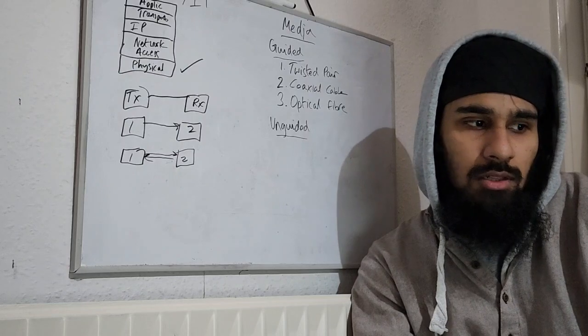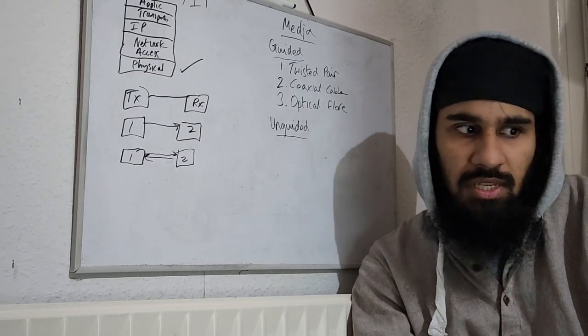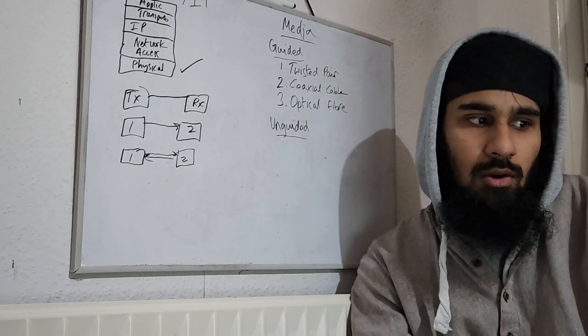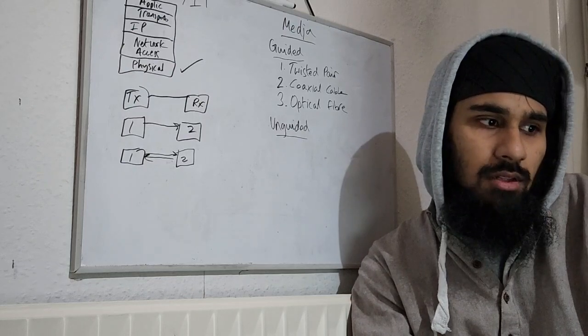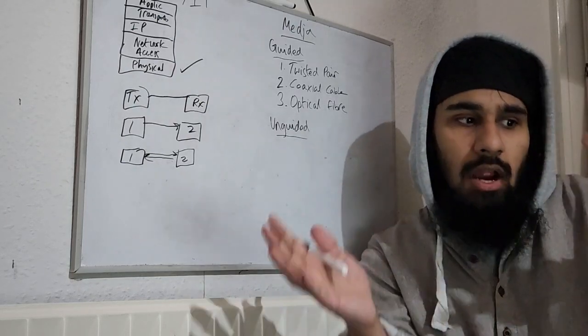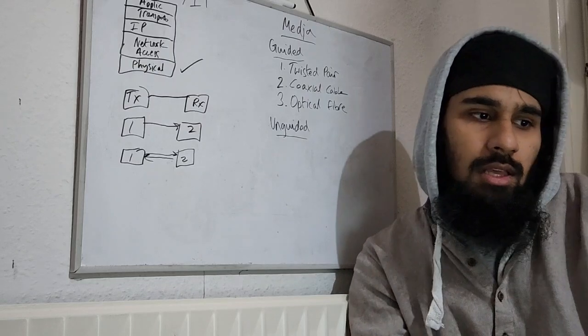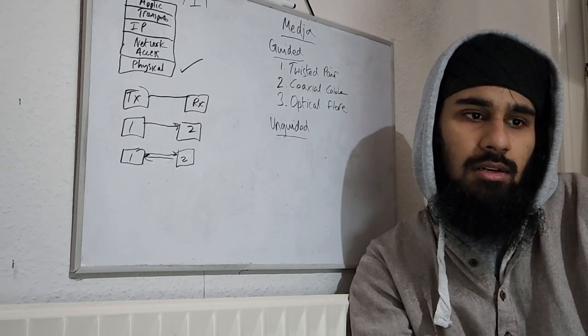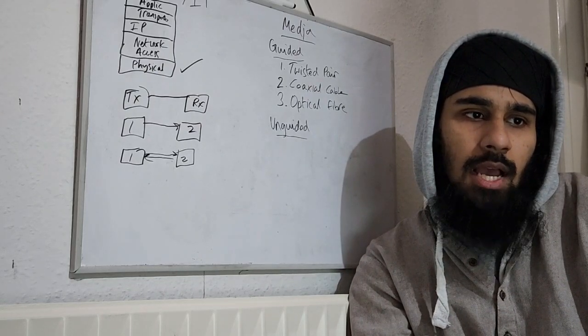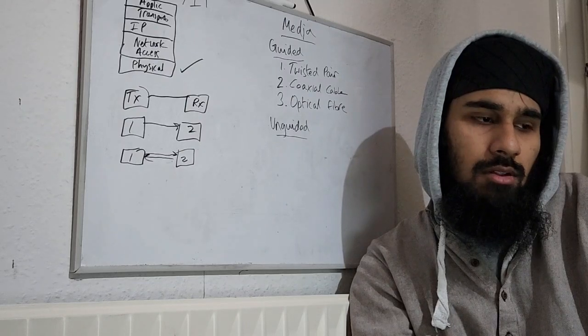You have directional, a focused beam, or you have omnidirectional, where the signal spreads in all directions and can then be received by many antennas. So that is the physical.